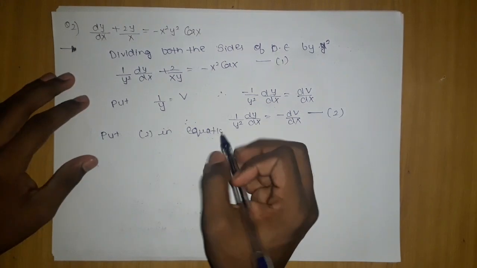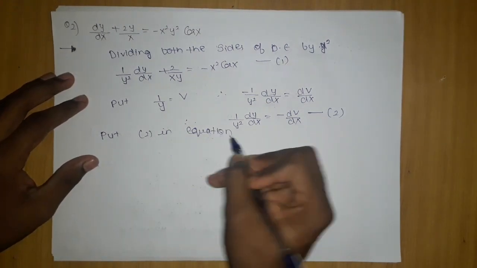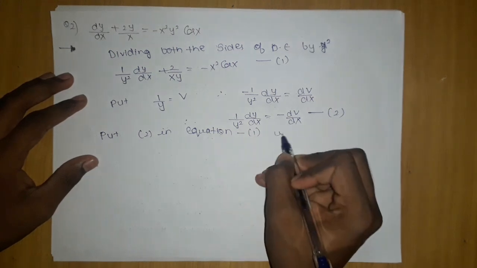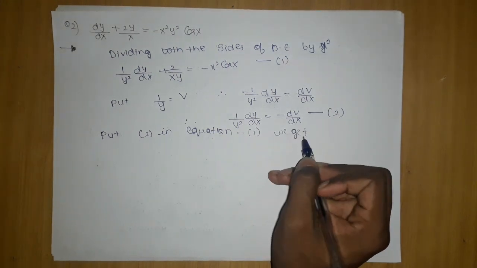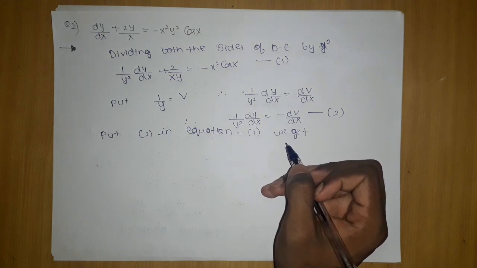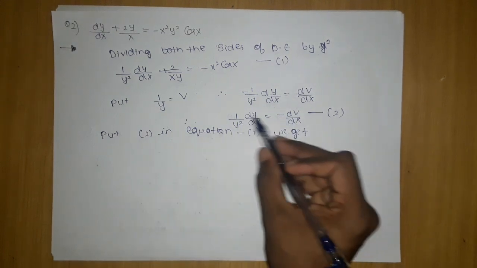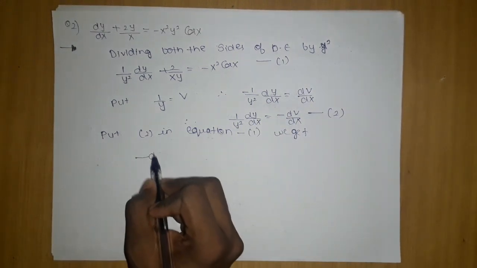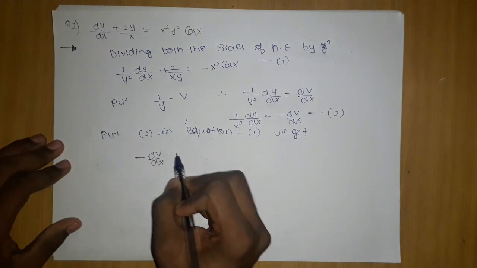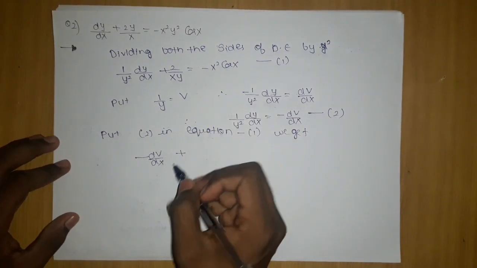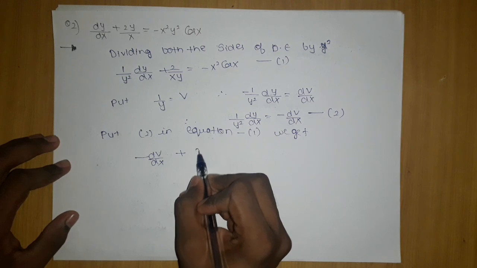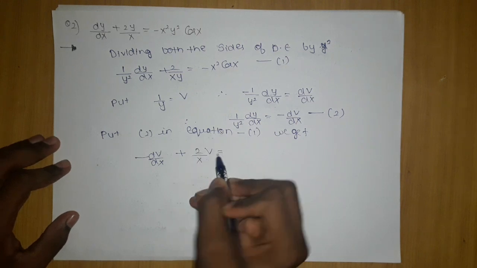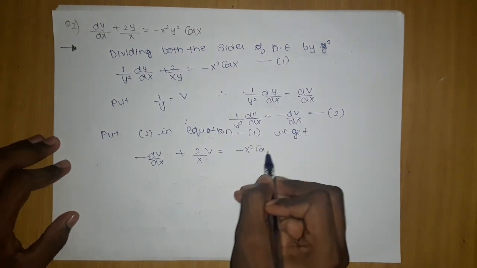Put 2 in equation 1. What are we going to get? We will substitute this by this, so minus dv by dx plus, what we have assumed, 1 by y is v, so 2 by x into v equals minus x square cos x.